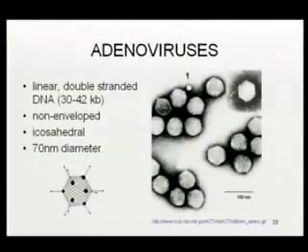Okay, so these fibers stick out of here, and that's very characteristic of the adenoviruses, and I don't know of another virus that has long fibers sticking out like this. So if you see a diagram that looks like this, you know it's adeno.